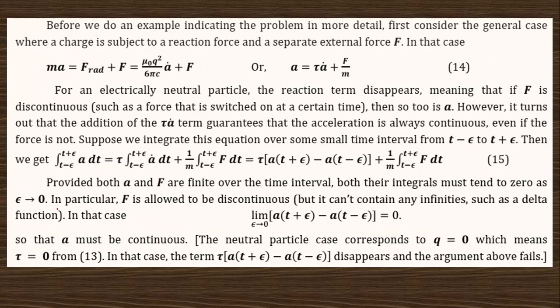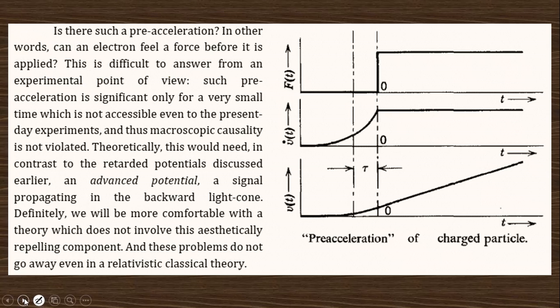In the general case, if you consider mass into acceleration, there are two forces: the radiation force and the applied force. The radiation force part is this, and this is the applied force. If we integrate the total acceleration, you get pre-acceleration. Pre-acceleration means the charged particle accelerates before the starting time. At time t equal to 0, the acceleration has already built up.